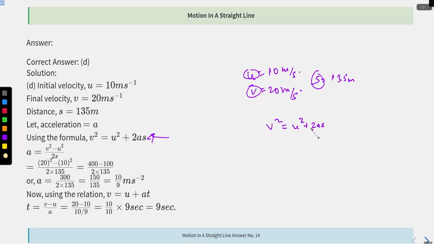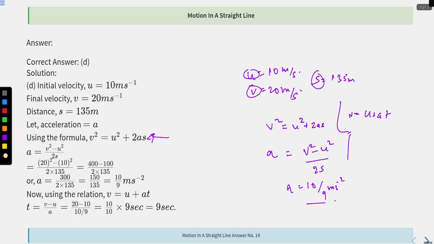You just need to put this in. Acceleration is constant. You need to calculate acceleration first, correct? So A is equal to V square minus U square divided by 2S. Acceleration will be 10 by 9 meter per second square. Now you need to calculate time. So V is equal to U plus A t.